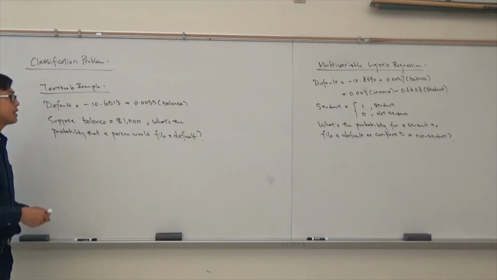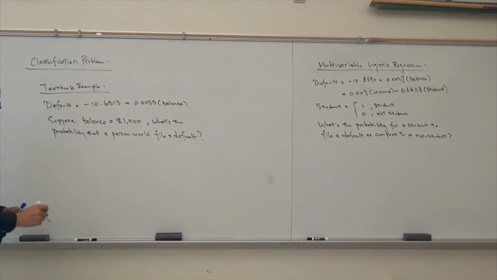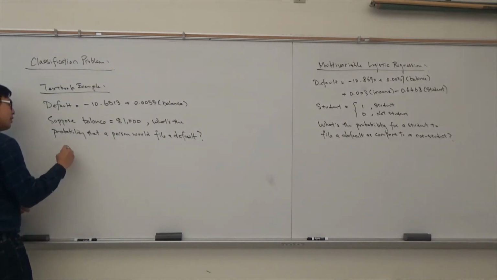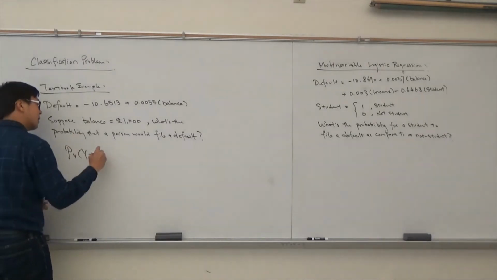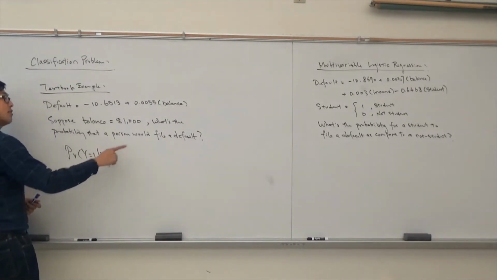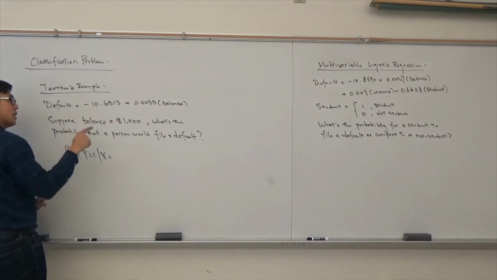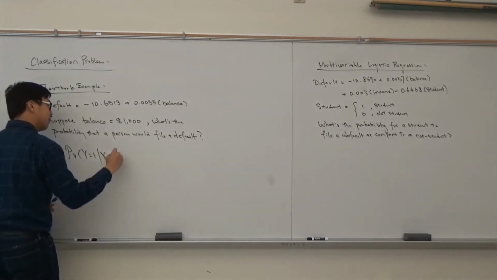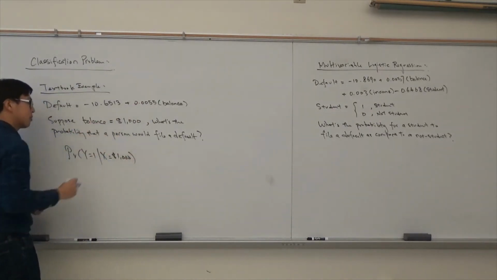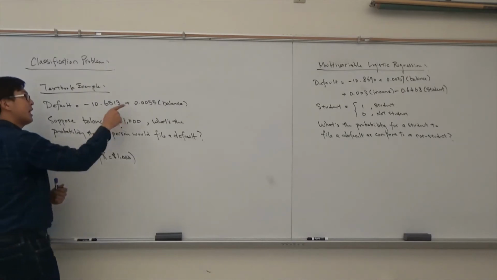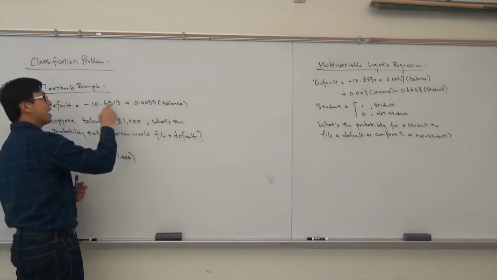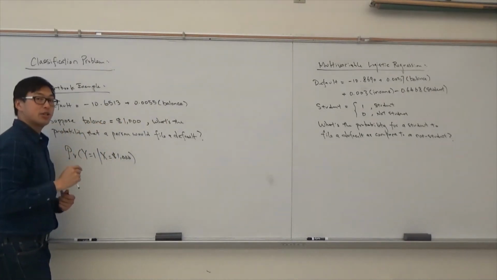So in order to understand this problem, you have to remind yourself that I'm trying to calculate the probability that y is equal to 1 given x, in this case the balance, which is $1,000. The logistic function tells us we don't just add up these numbers together.